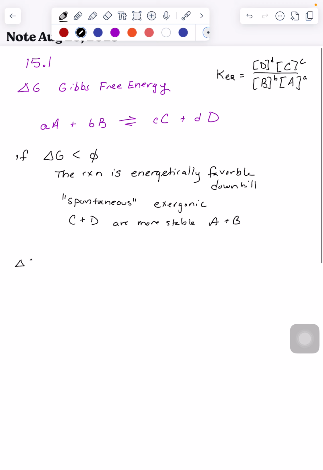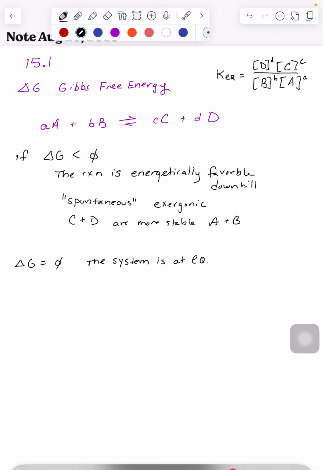Now, if delta G is equal to 0, then we say the system is at equilibrium. The energy difference is 0, and the rate of the forward reaction is equal to the rate of the reverse reaction. So you can imagine that if delta G is greater than 0, the opposite of everything from above is true.